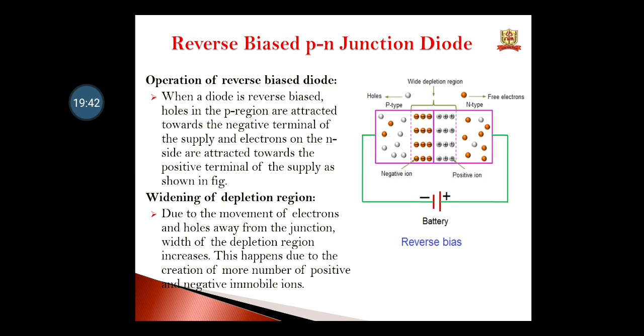You can see the direction of the majority carriers flowing. It is shown by the arrow, your holes and free electrons. As the electrons and holes are moving away from the junction, the depletion layer is increased, and because of this more positive and negative immobile ions are formed across the junction.